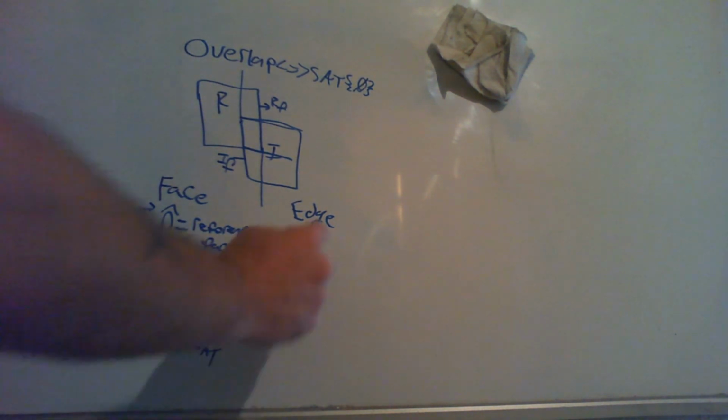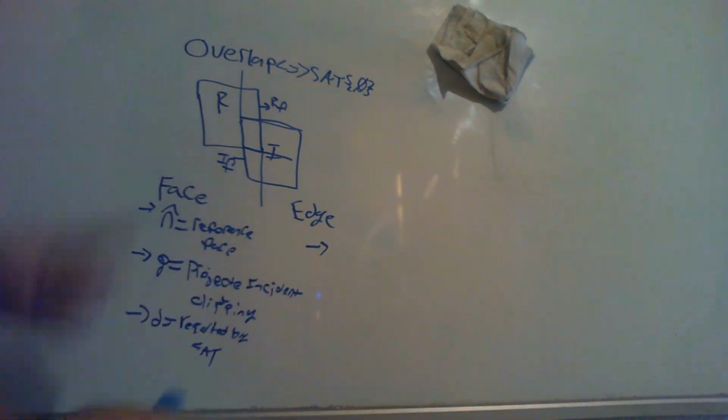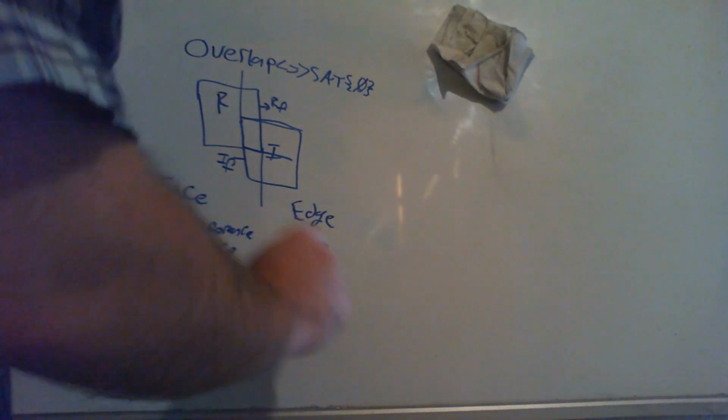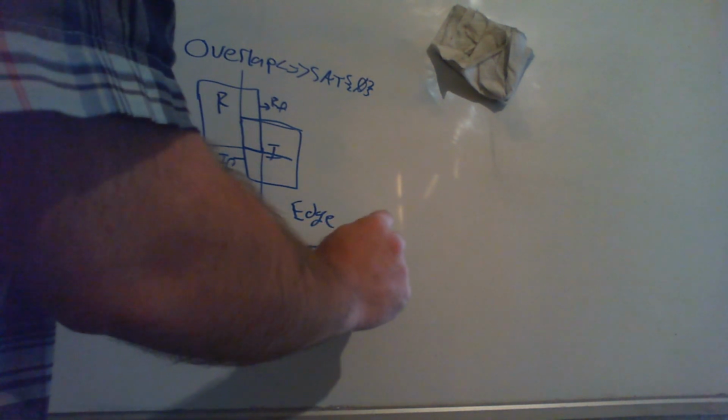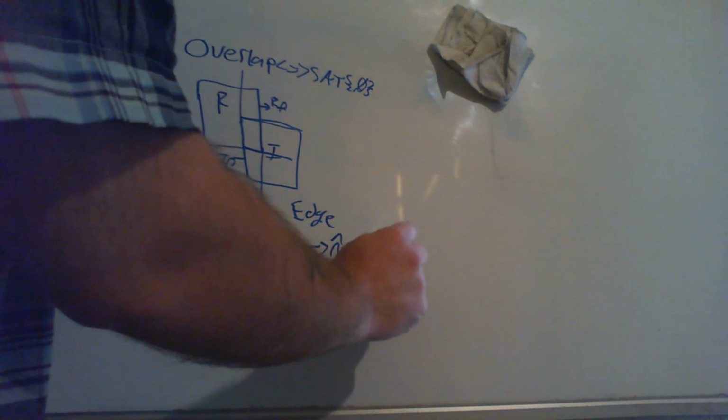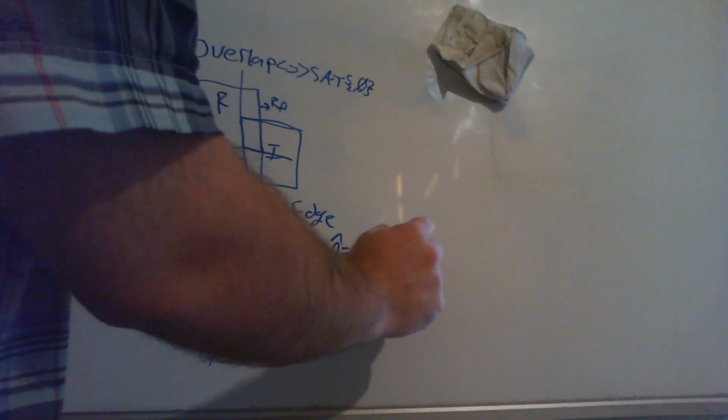Now for edges, we're only going to have one contact point. The normal of that collision is going to be the cross product of edge 1 and edge 2.